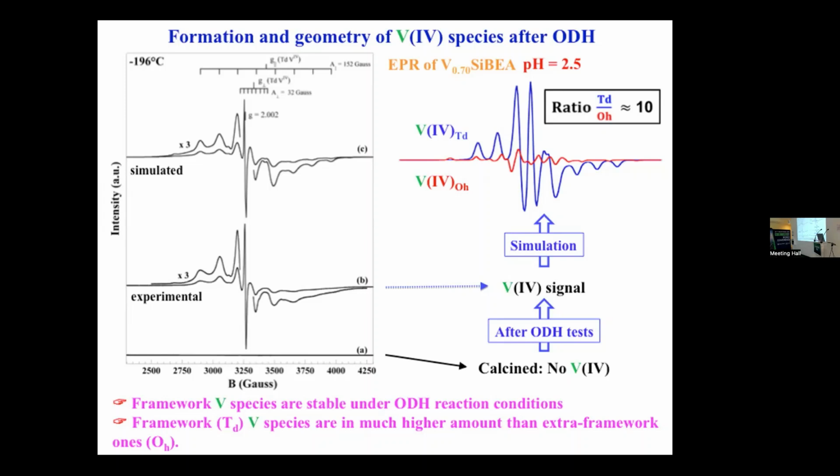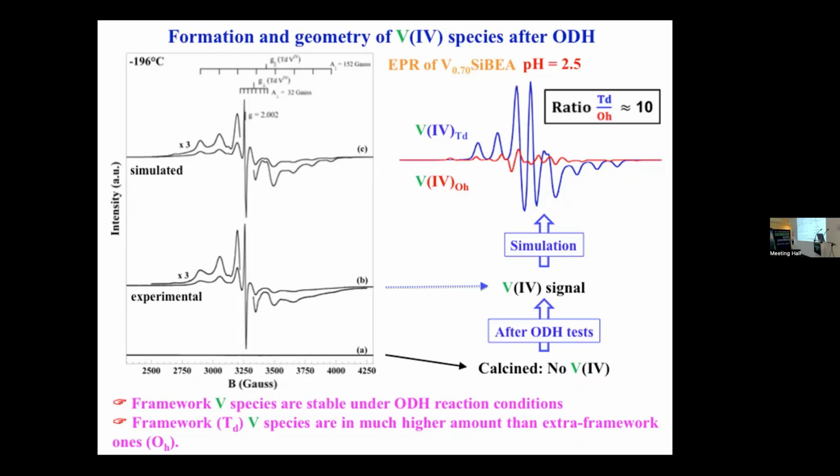There is a reduction of vanadium 5 to vanadium 4. So a vanadium 4 signal appeared in EPR spectroscopy. And by simulation, we can calculate the number of tetrahedral vanadium 4 species and octahedral vanadium 4 species.